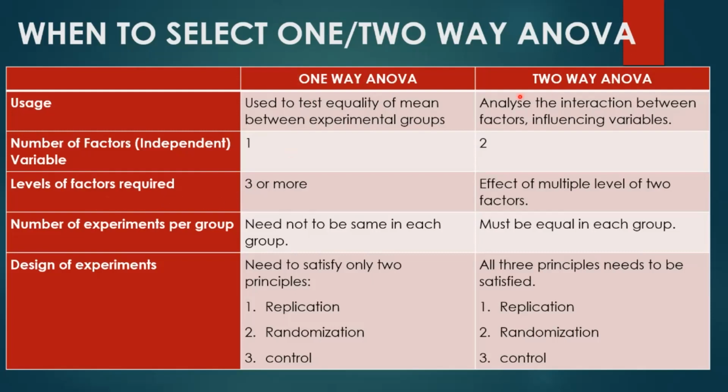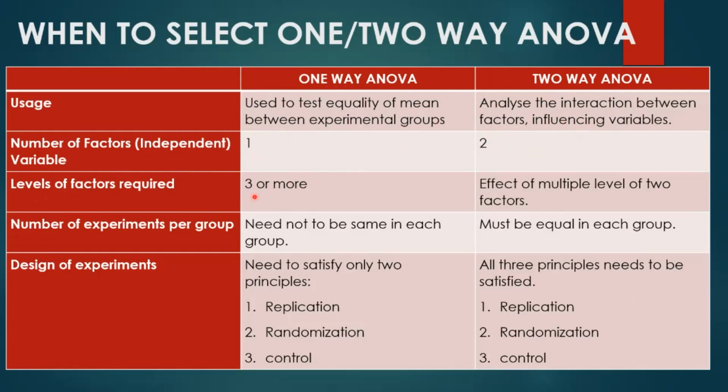But for Anova, when we're doing experimental design with Anova in mind, we normally use the word factors. You can call it independent variable. So for one-way Anova, the number of factors should be one. For two-way Anova, you must have two factors or two independent variables. Then they should have levels.